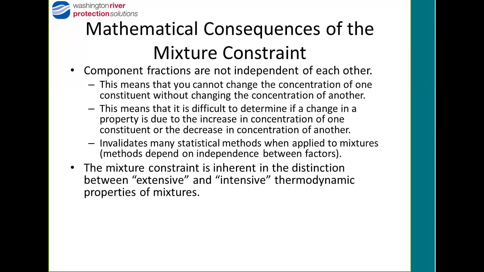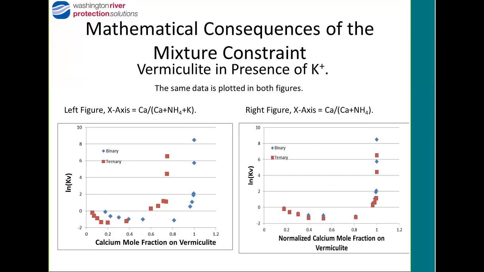In thermodynamics, if you think back to PChem or chemical engineering thermodynamics, you may have had half a page in your textbook distinguishing between extensive and intensive thermodynamic properties of mixtures. This mixture constraint is inherent in that distinction, and that will come into play a little bit later on in my talk.